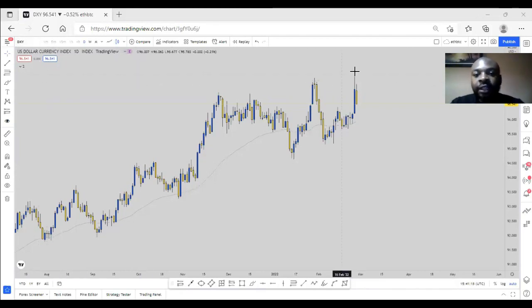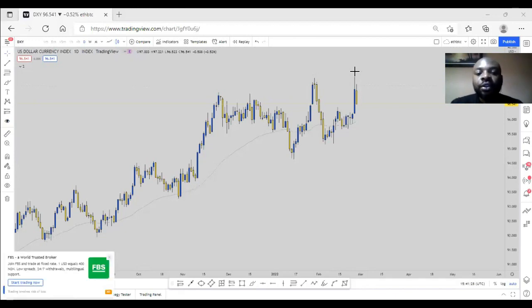Just like I said, for the yen basket, we also have another one, which is the DXY currency index. The currency index gives me an idea of what is happening to the US dollar, generally speaking. If the currency index is bullish, it gives me a clue that everything that has to do with USD is going to be bullish.